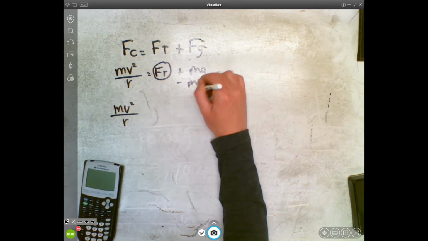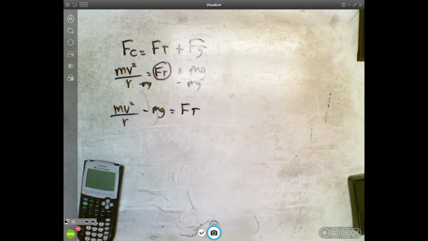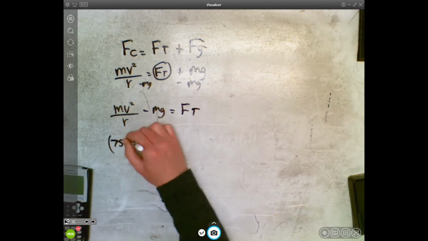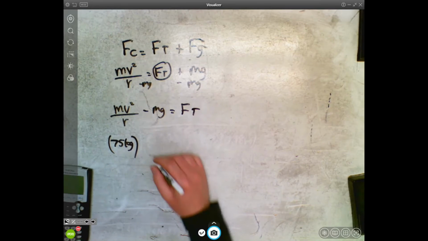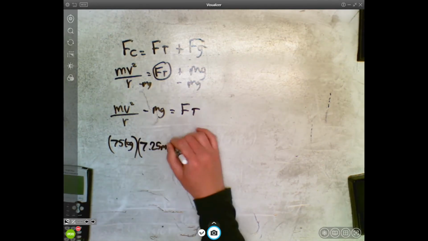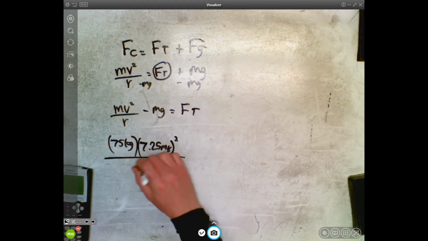I have to subtract an mg from both sides, and that would give me force of tension. So the man is 75 kilograms. The speed is 7.25 meters per second, and I have to square it, and my radius is 5 meters.